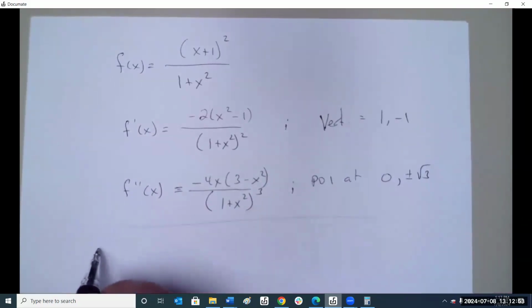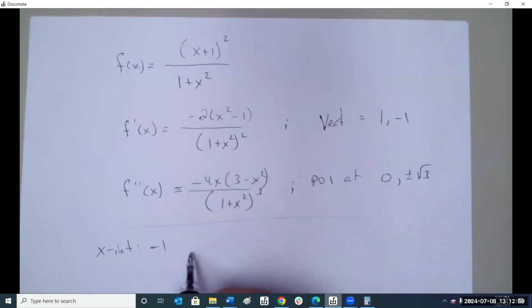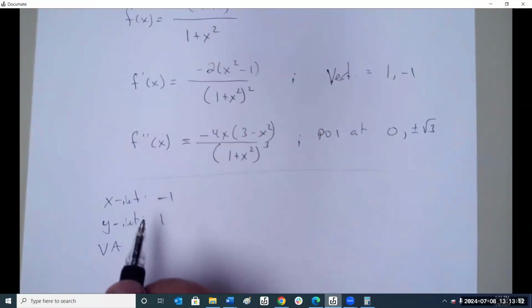So we know the x-intercept is at -1. The y-intercept is at 1. The vertical asymptote doesn't exist.